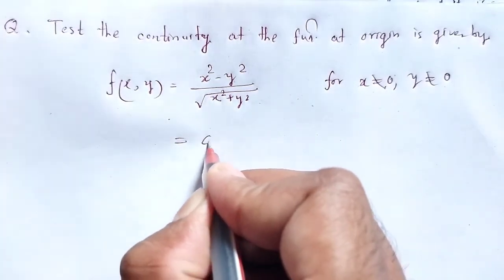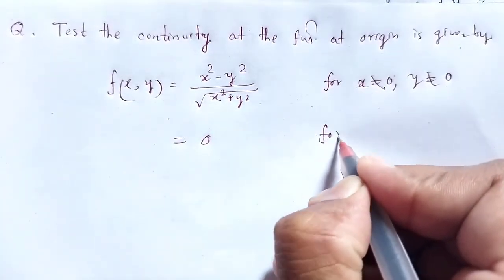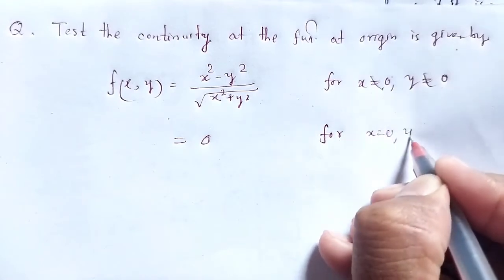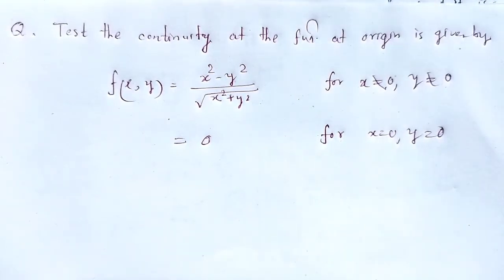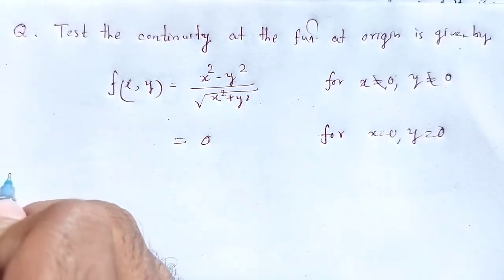The value is 0 for x equal to 0 and y equal to 0, that is at the origin. So by using the definition of continuity for functions of more than one variable, we can test the continuity of the given function.